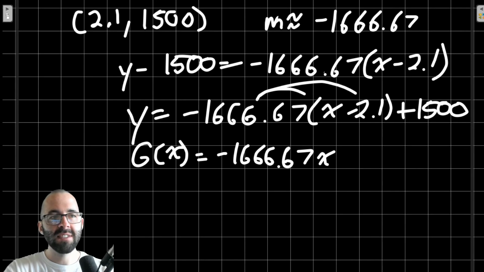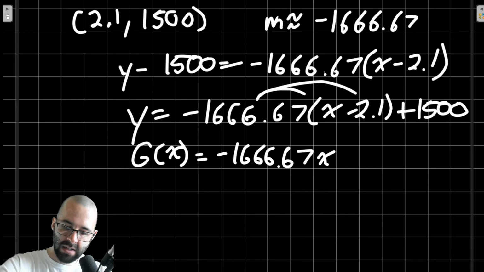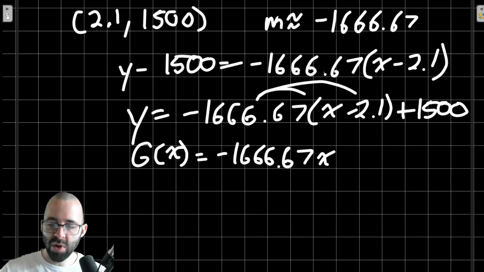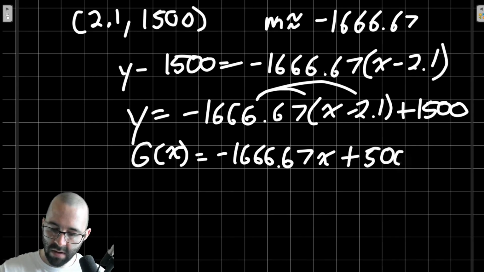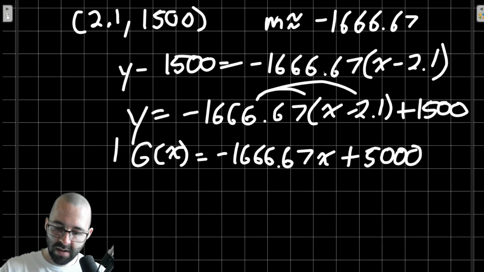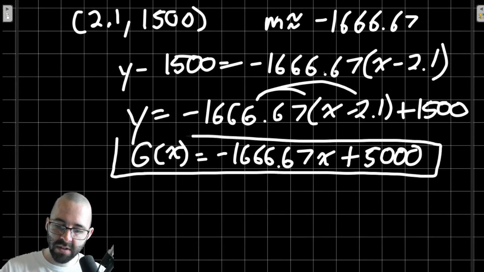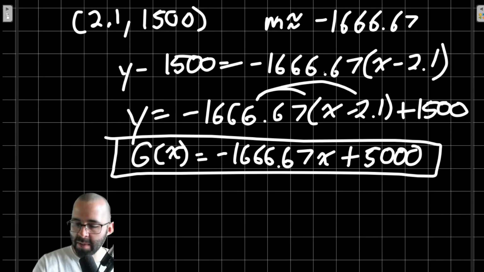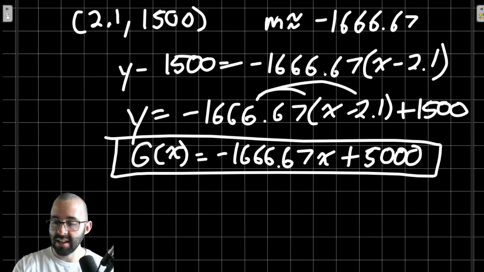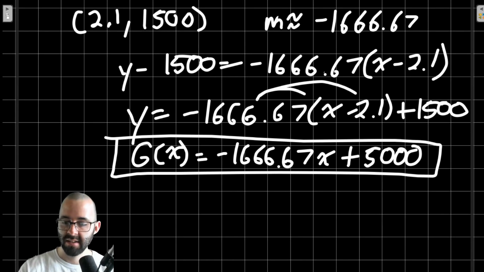The negative 1666.67 times negative 2.1 plus 1500, that's approximately 5,000. So this is the equation relating, remember, x is the cost, it's the price, and g of x is how many gallons we can sell.